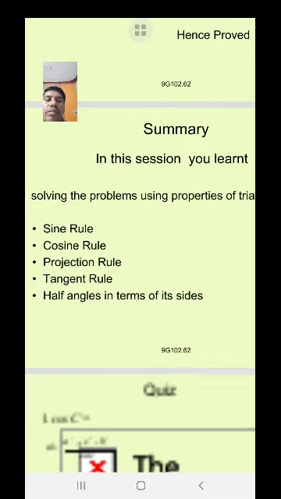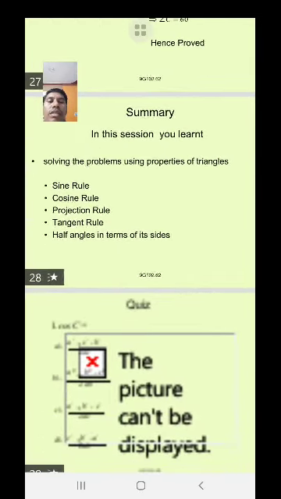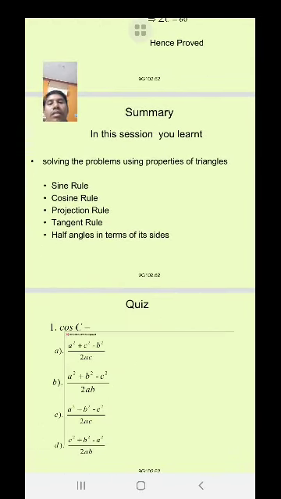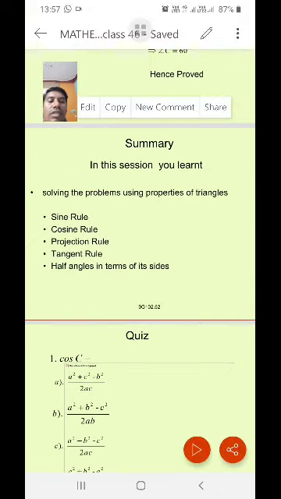Summary. In this lesson you learnt solving problems using properties of triangles, that is sine rule, cosine rule, projection rule, tangent rule, and half angles in terms of sides. Let us see the quiz questions. These are easy and you can answer them easily.